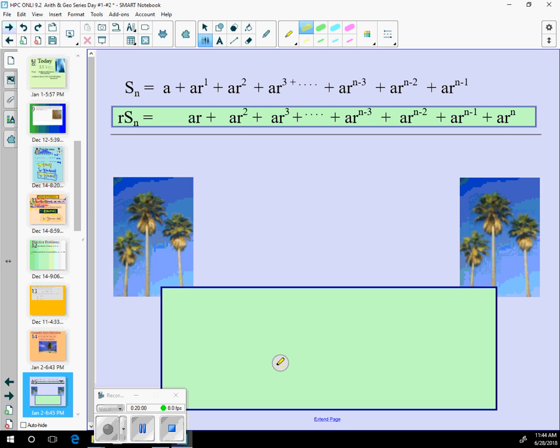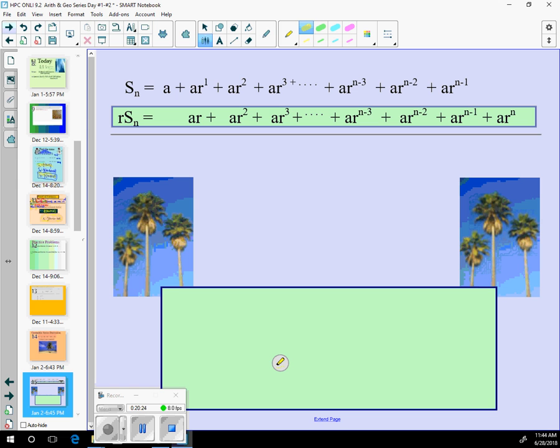And this time I'm going to duplicate the sum formula, but multiply it by r. So we multiply everything by r. a times r is ar, ar times r is ar squared, and so on. Notice that essentially these get shifted over.